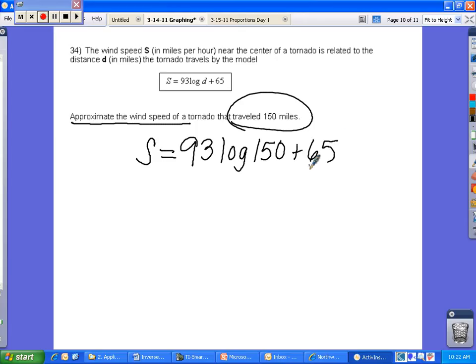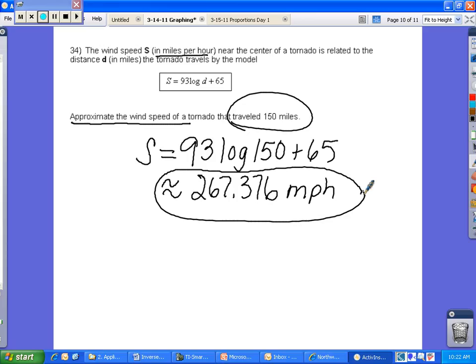Again, you can plug this in exactly how it looks, 93 log 150. End your parenthesis before you add on the 65. And for that one, you're going to get 267.376, and you're looking for the wind speed, and the wind speed is given to you in miles per hour, so you're going to write this as miles per hour.